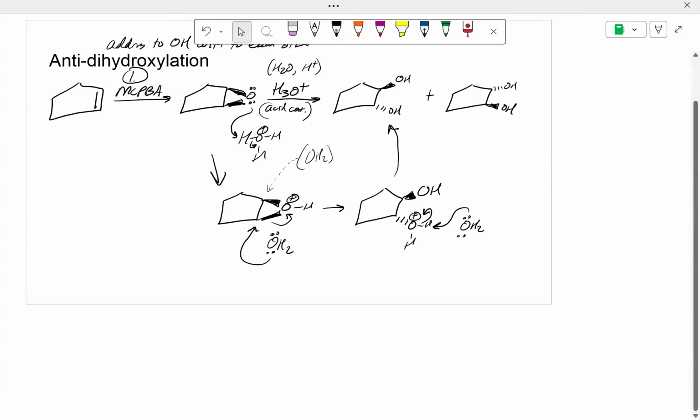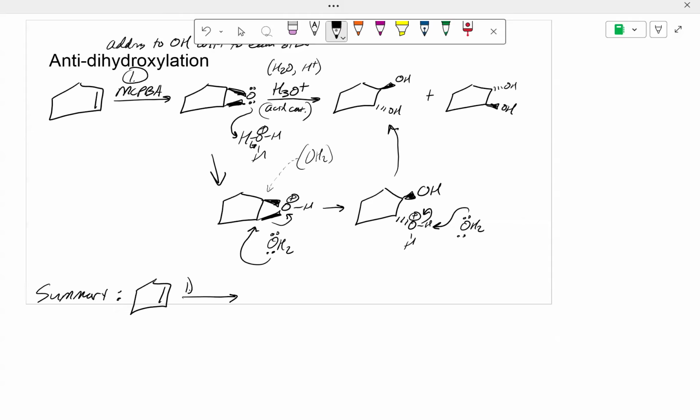So let's put all this in one big summary. By starting with an alkene, and first reacting it with a peroxy acid, it will make an epoxide.